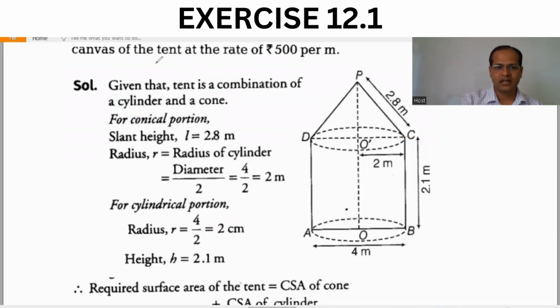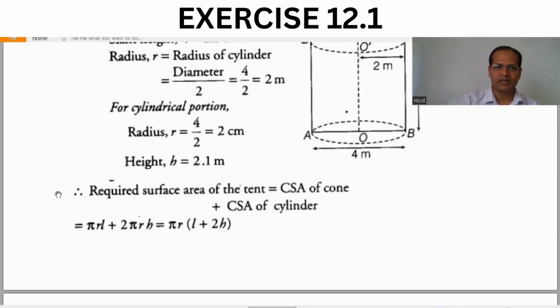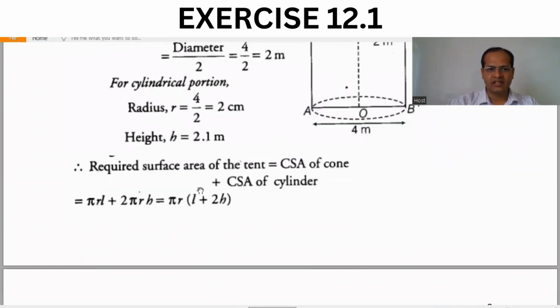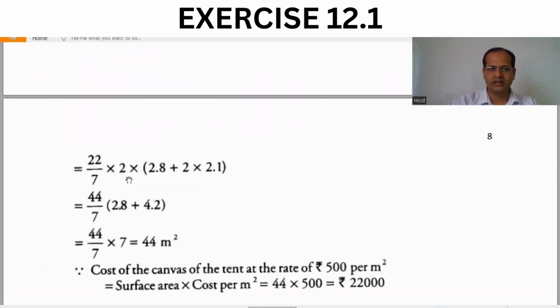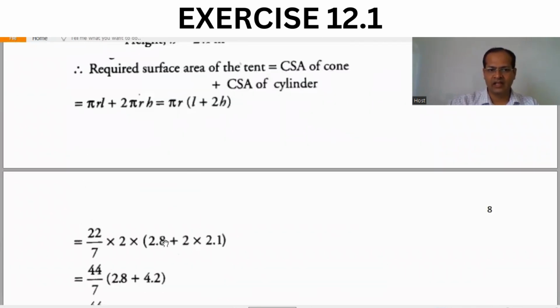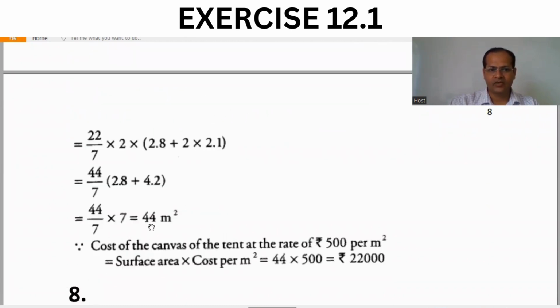So the required surface area of the tent is the curved surface area of the cone plus the curved surface area of the cylinder. That is pi r l for the cone and 2 pi r h for the cylinder. Pi r is common, so pi r into (l plus 2h). Substituting the values, 22 by 7 into 2 into (2.8 plus 2 into 2.1), we get 44 meter square.